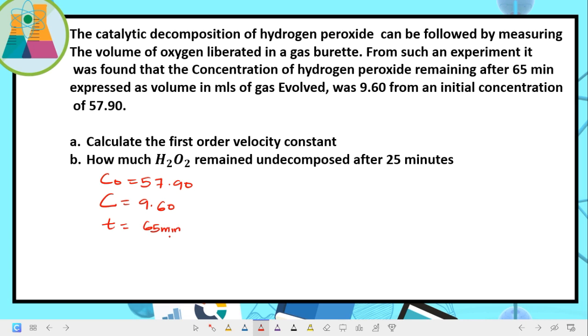Okay, now the question says calculate the first order velocity constant.